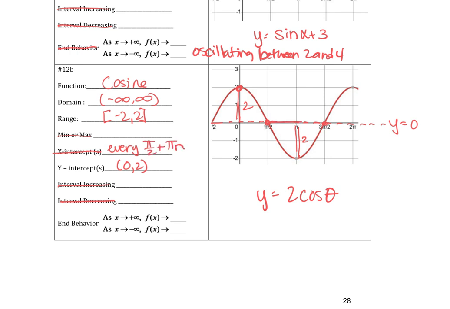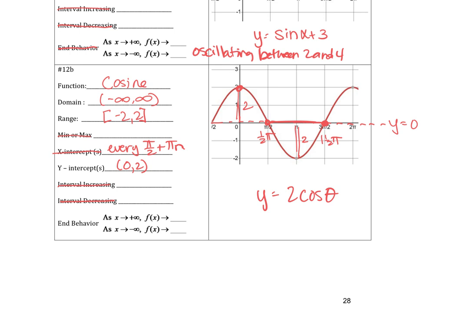When you go pi units, this is 1/2 pi, one way to think about it, and this is 1.5 pi. So every 1 pi, it's going to have another x-intercept. So you write it in this way: every pi over 2 plus pi n, where n can be different numbers. But again, it's something you're going to talk about next year, so I'm not going to spend time on it right now.